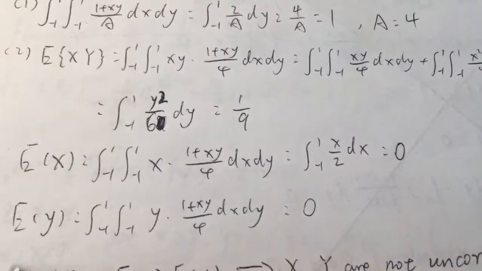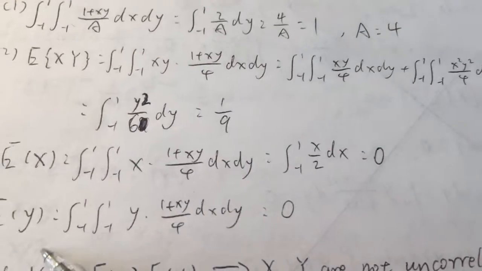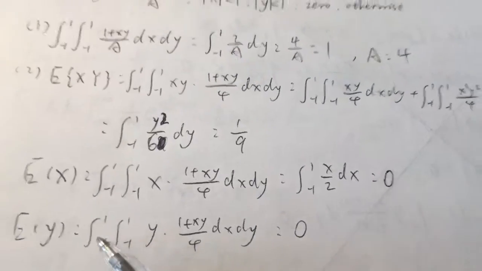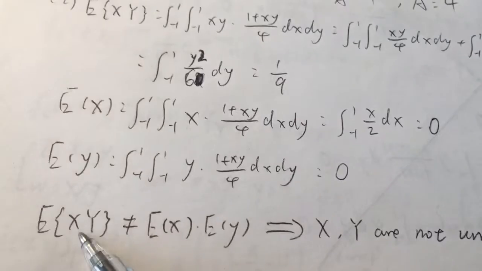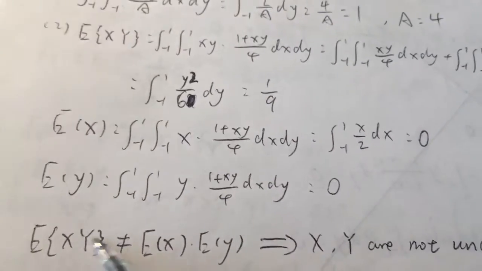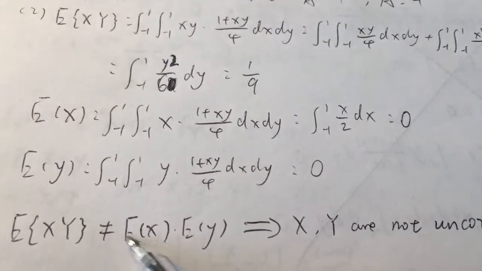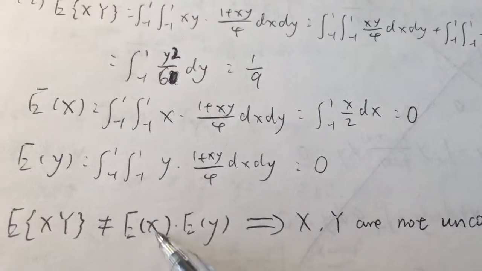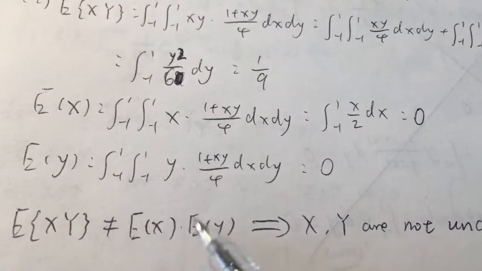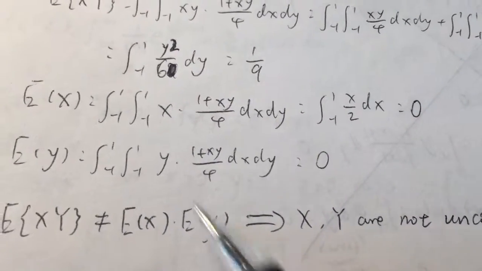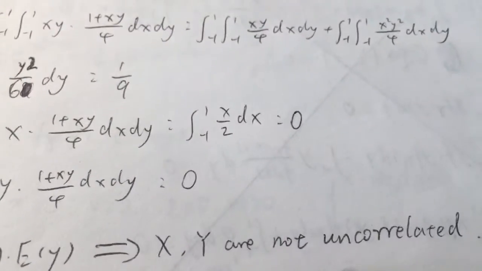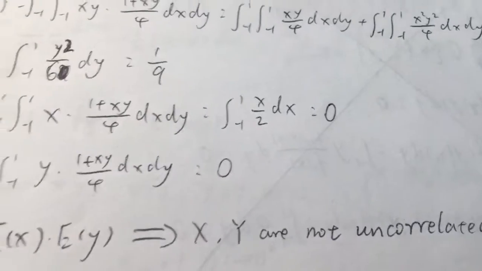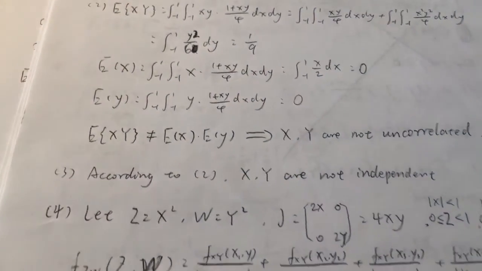So the expected value of x multiplied by y isn't equal to the expected value of x multiplied by the expected value of y. Because of that, x and y are correlated. So this is the second question.